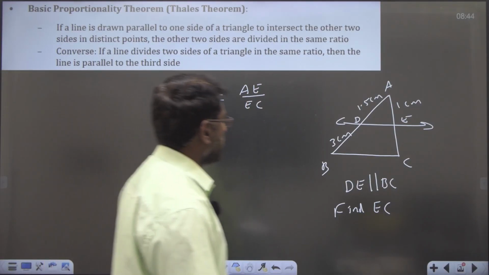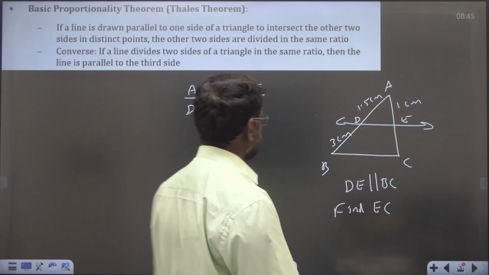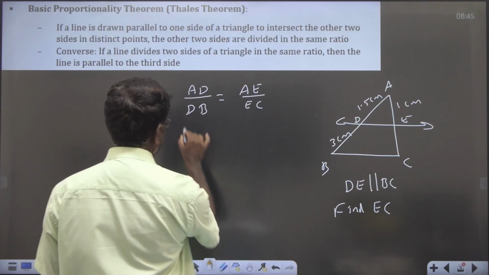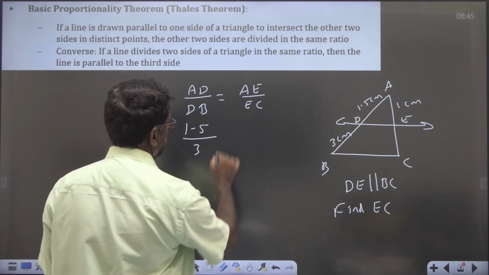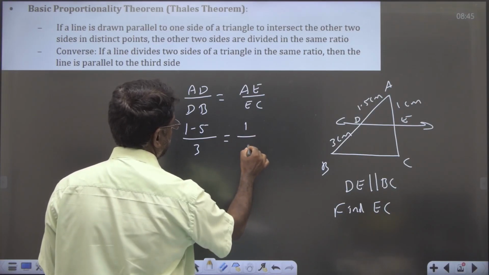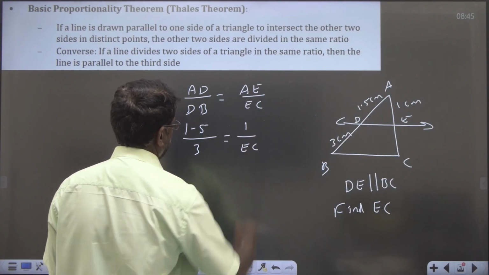Here we have to find EC. AD is 1.5, DB is 3, AE is 1, so 1.5 divided by 3 equals 1 by EC.